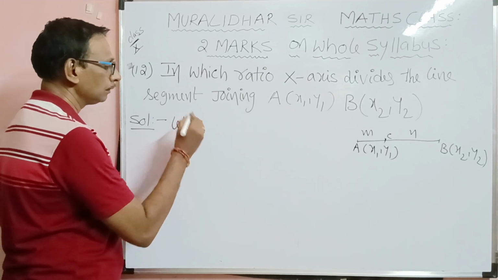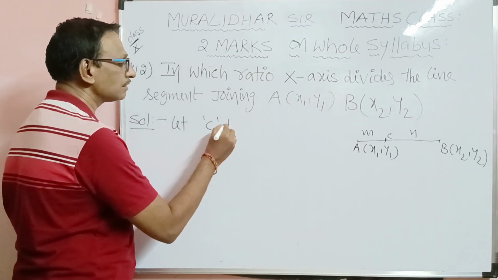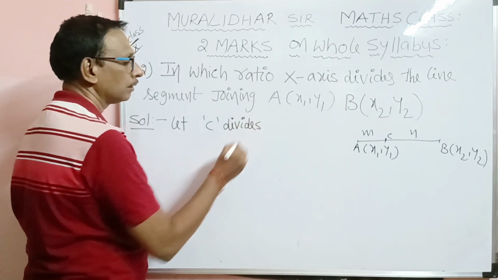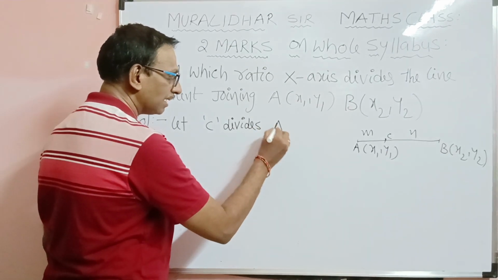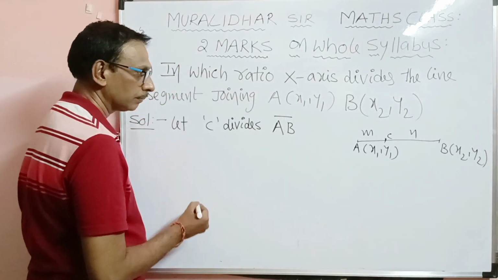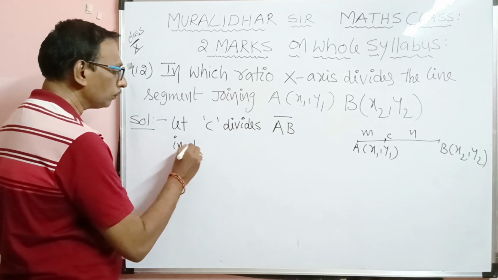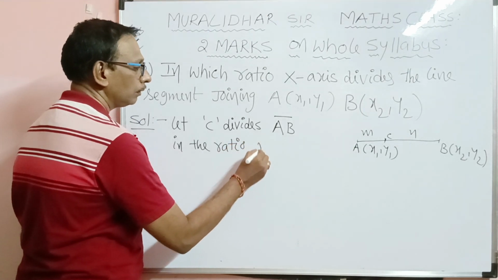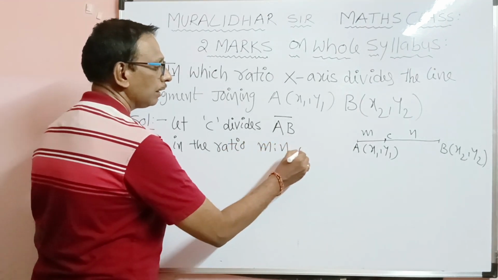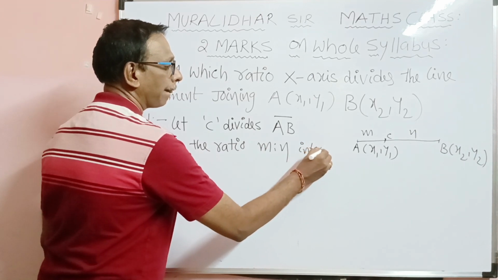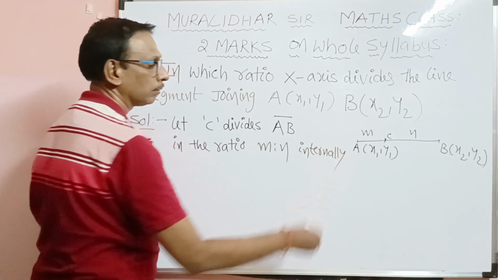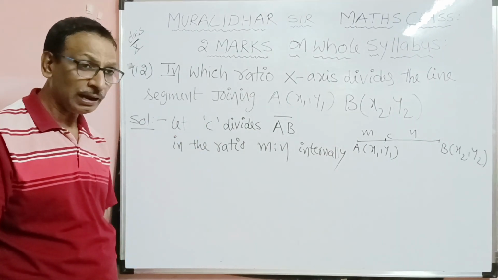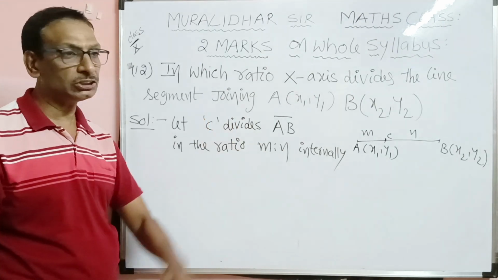Let C divide the line segment AB in the ratio m is to n internally.